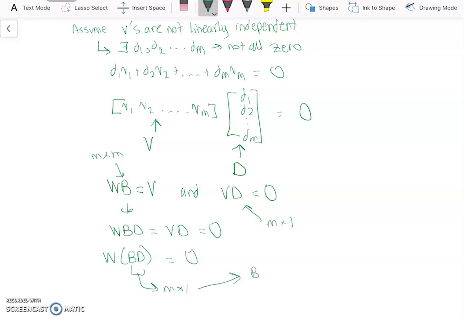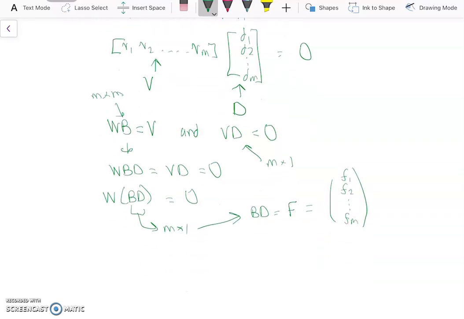So let's say BD equals F, and we have F1, F2 up to Fm.